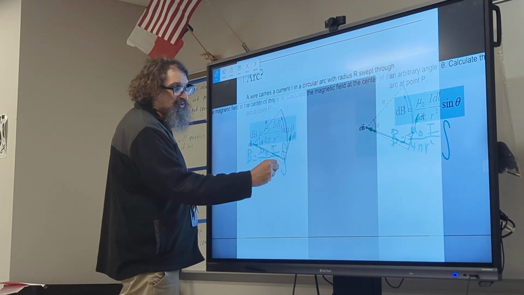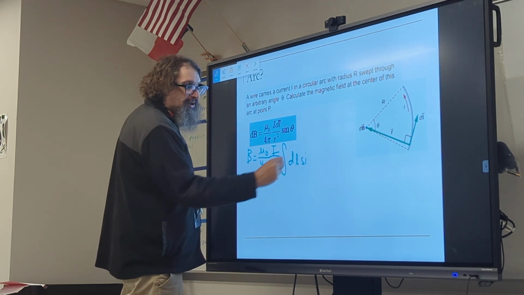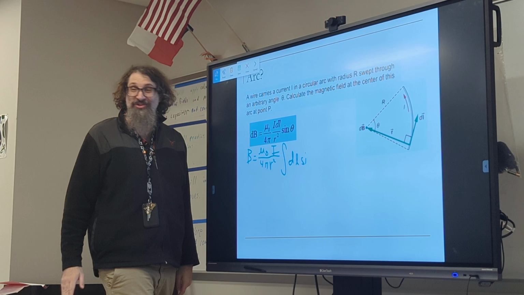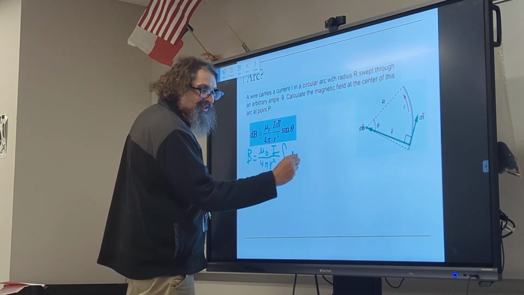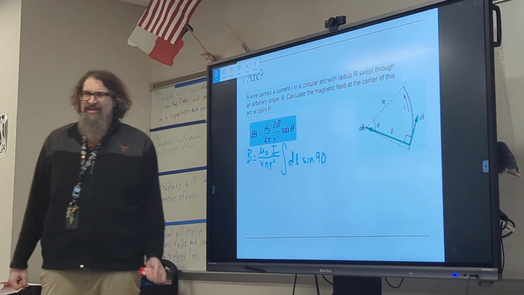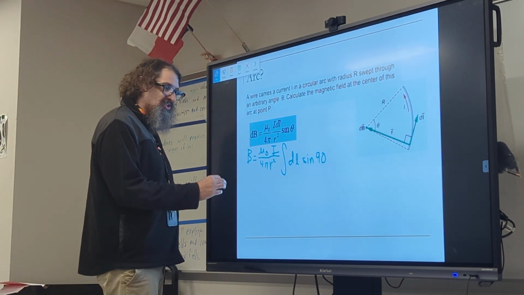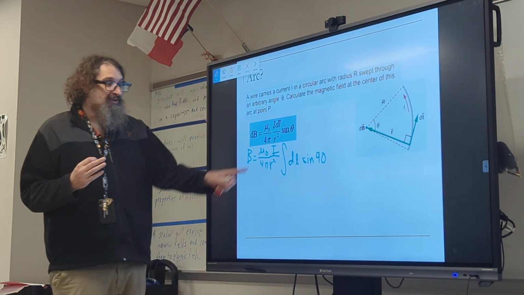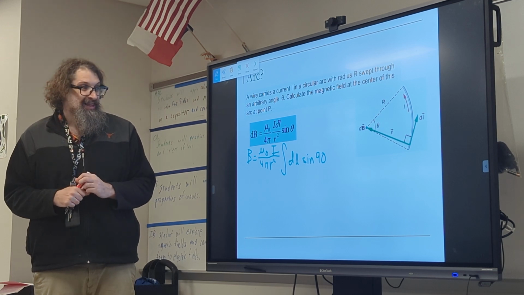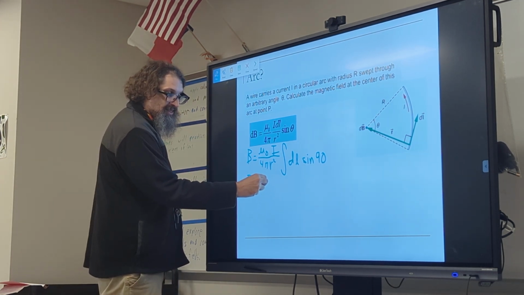And now we have an integral with dL and sine of our angle, but notice what our angle is on this arc. Sine 90, which is 1. So that means we're just integrating dL, which is 2 pi r over whatever angle.